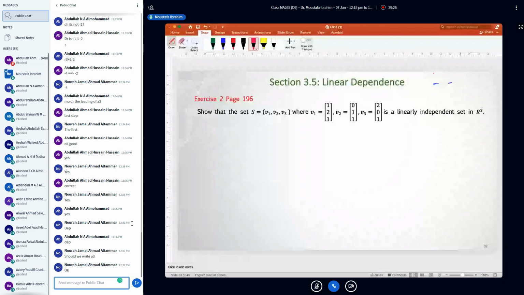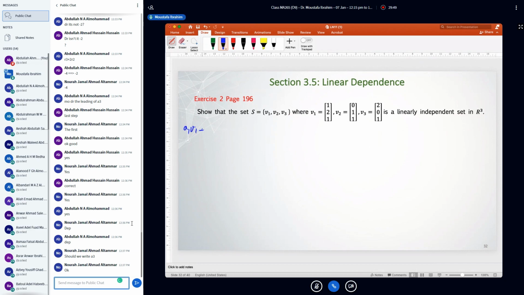So now we have exercise 2, page 196 from the textbook. Show that the set V1, V2, V3 is linearly independent in R3. Let's see if it's linearly dependent or independent. They said it's linearly independent in the textbook. So we write the definition. Always, guys, you start with the definition.